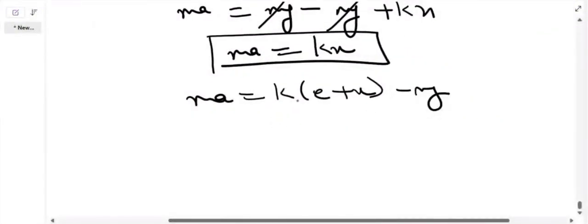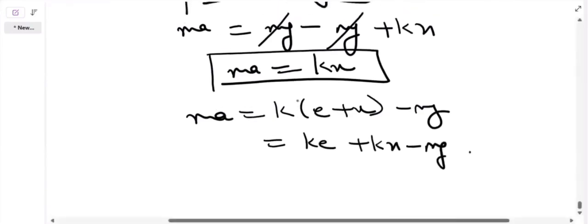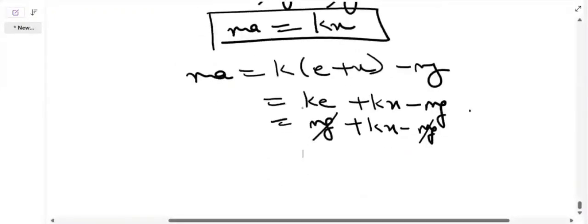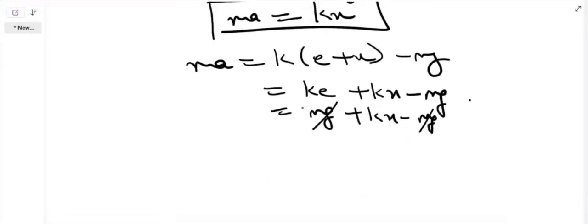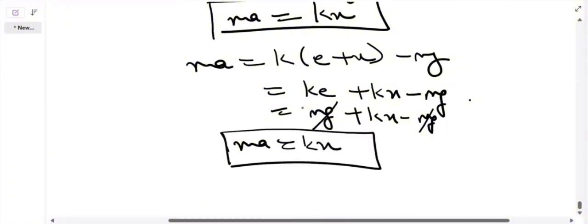Okay. So hence it will be nothing but ke plus kx minus mg. Again, I will apply the same thing. ke is mg, so here I will be writing mg plus kx minus mg. mg cancels. Again, I get that my final acceleration is kx. Understood the thorough scenario?